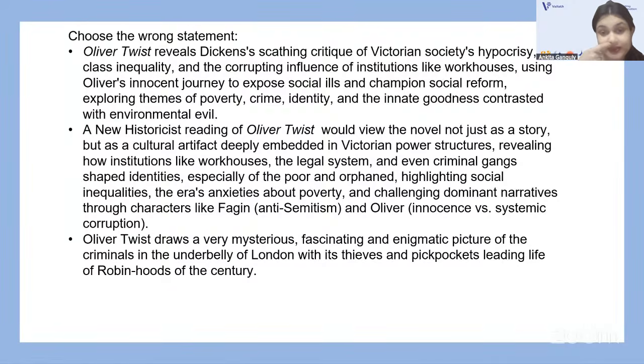A new historicist reading would view the novel not just as a story, but as a cultural artifact deeply embedded in Victorian power structures, revealing how institutions like workhouses, the legal system, and even criminal gangs shaped identities, especially of the poor and the orphaned, highlighting social inequalities, the era's anxieties about poverty, and challenging dominant narratives through characters like Fagin and Oliver. Oliver Twist draws a very mysterious, fascinating, and enigmatic picture of criminals in the underbelly of London, with its thieves and pickpockets leading the life of Robin Hoods of the century.